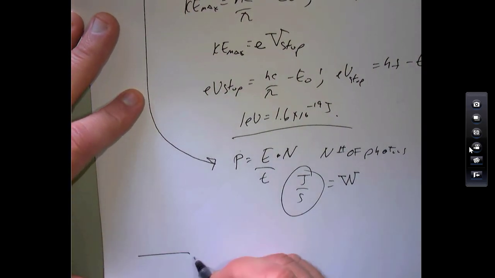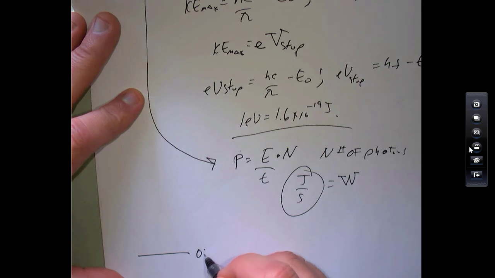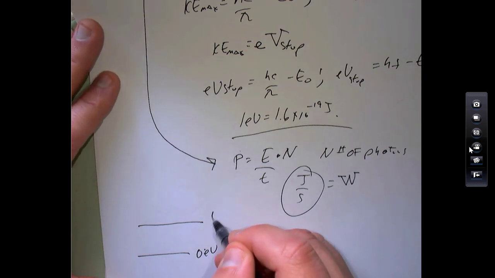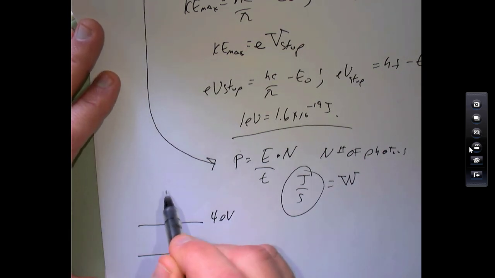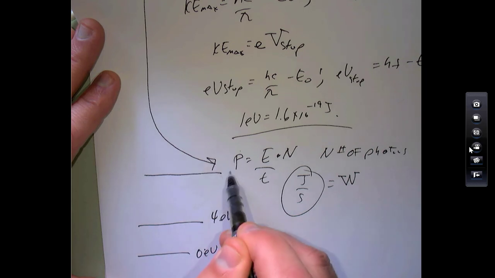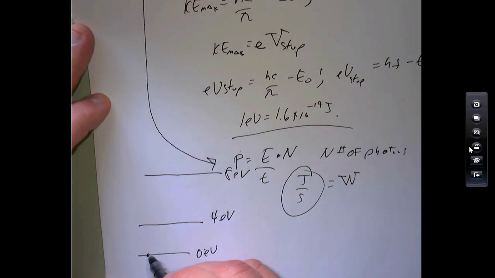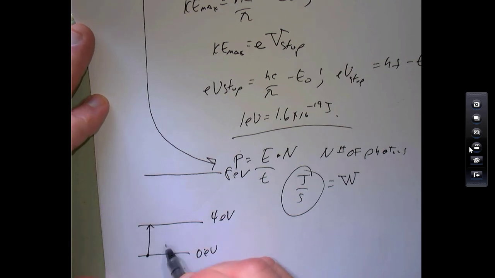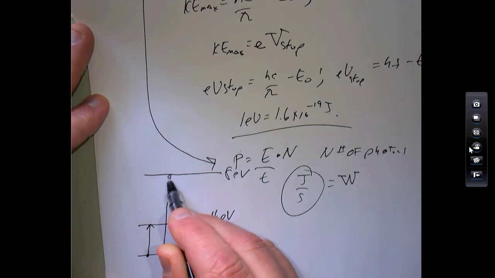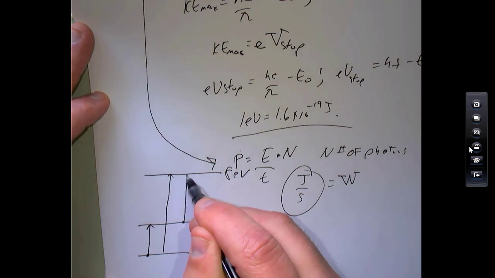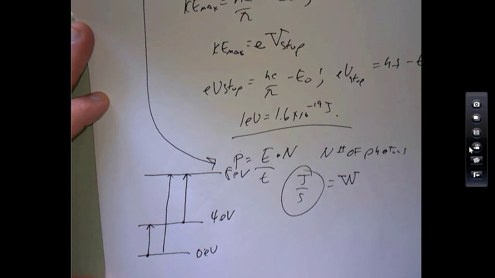The problem I'm thinking of had 0 eV, and I'll just make up numbers: this is 4 eV, maybe this is 8 eV. An electron could absorb a 4 eV photon and go up to this level, or from the ground state go all the way up to 8 eV. Or if you're already in the second state, you can go up this direction. So you can make those transitions.